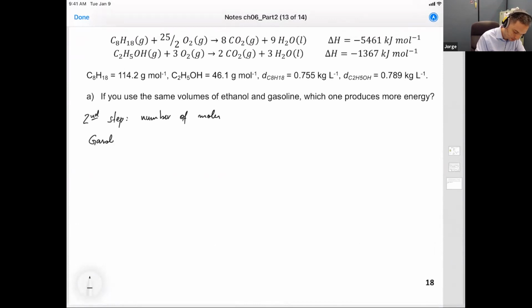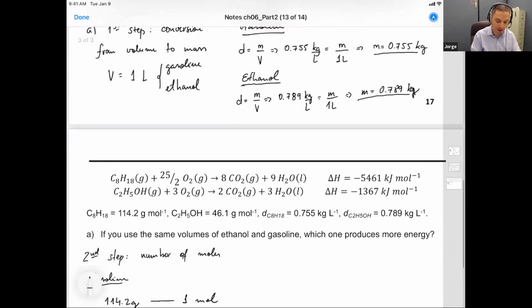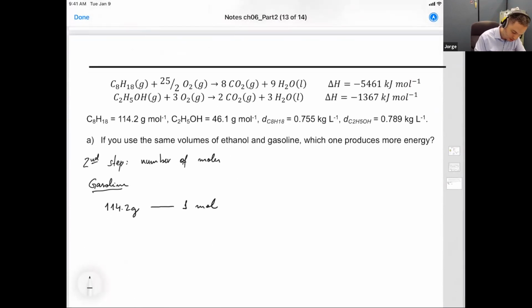So let's start here with gasoline. I gave you here all the molar masses, all the molecular masses. So let's use them. 114.2 grams of gasoline corresponds to 1 mole. In 1 liter of gasoline, we have 0.755 kilograms, which is 755 grams. And we need to know the amount of moles in this mass.